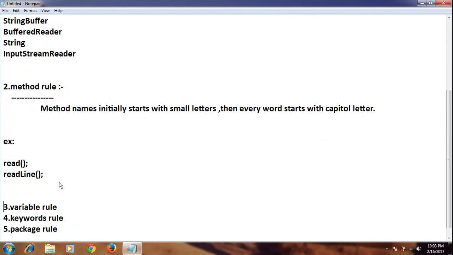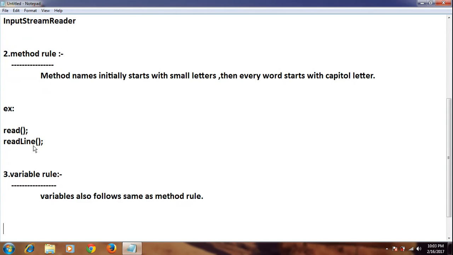And when we come to the variable rule, variables also follow the same as what methods follow, which means initially they start with small letters, then every word starts with a capital letter.